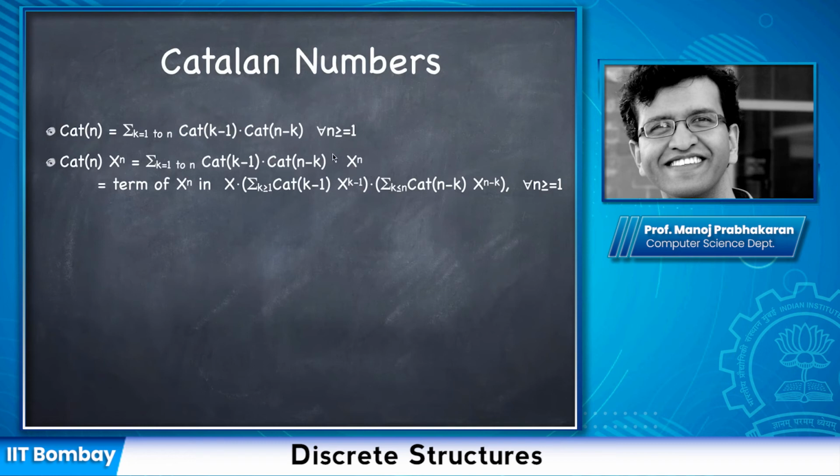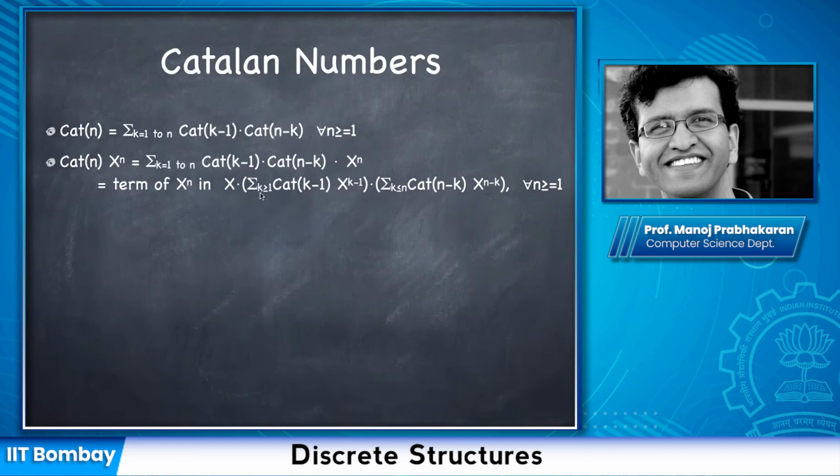Now, what is this expression? So I'm saying you could instead think of this as the term containing x to the power n in this product, okay, which is the same as the coefficient of x to the power n minus 1 in this product of these two terms. And what is that?